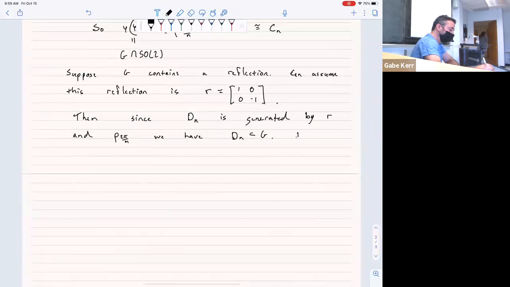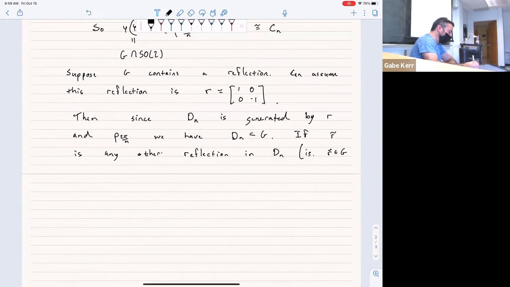So in other words, if R tilde is any other reflection, in other words, it's in G but not in D_n.